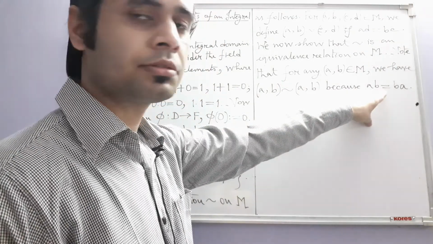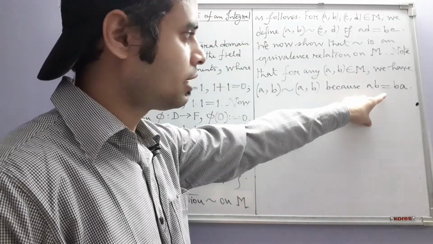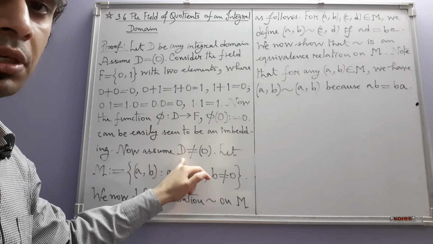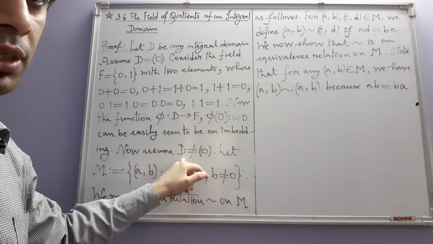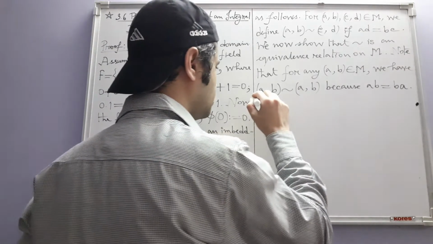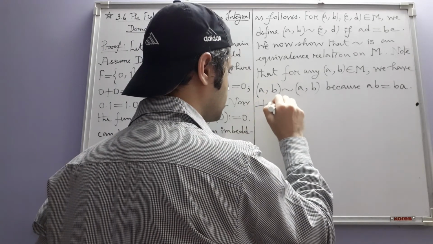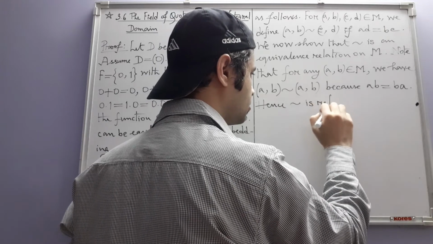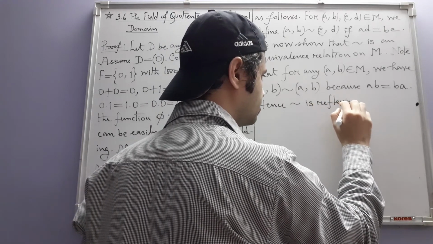And why is this true? This is because according to our definition, any integral domain is after all a commutative ring. So AB will be equal to BA. Hence, the relation is reflexive.